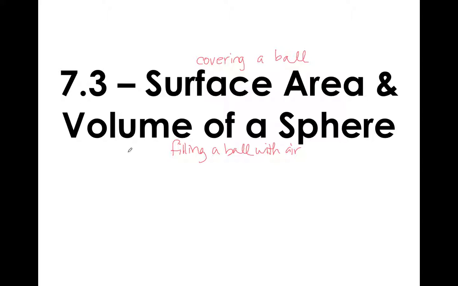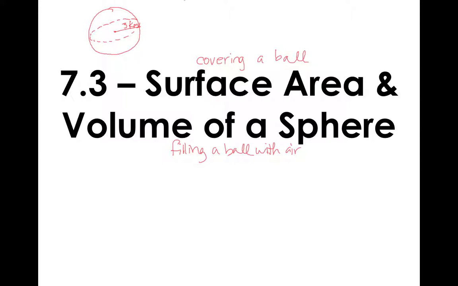So let's think about the problems that you have on your paper. One of the problems says that we've got a ball, or a sphere, and this sphere has a radius of 3 kilometers. It gives us our two formulas.